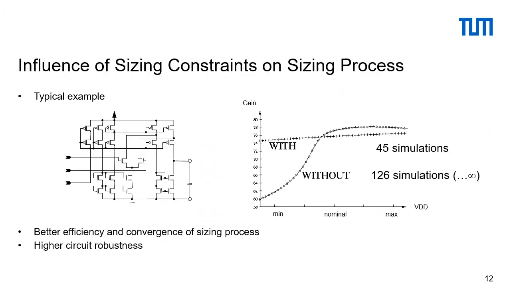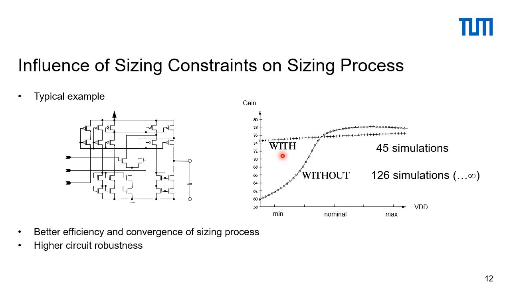Good. Now, what does it mean to have these constraints? So let's take a look at how the sizing process is influenced by these constraints that we have. Let's again take this typical example here. And what we have done here is we have first determined a sizing of the circuit once without using these constraints and once with.